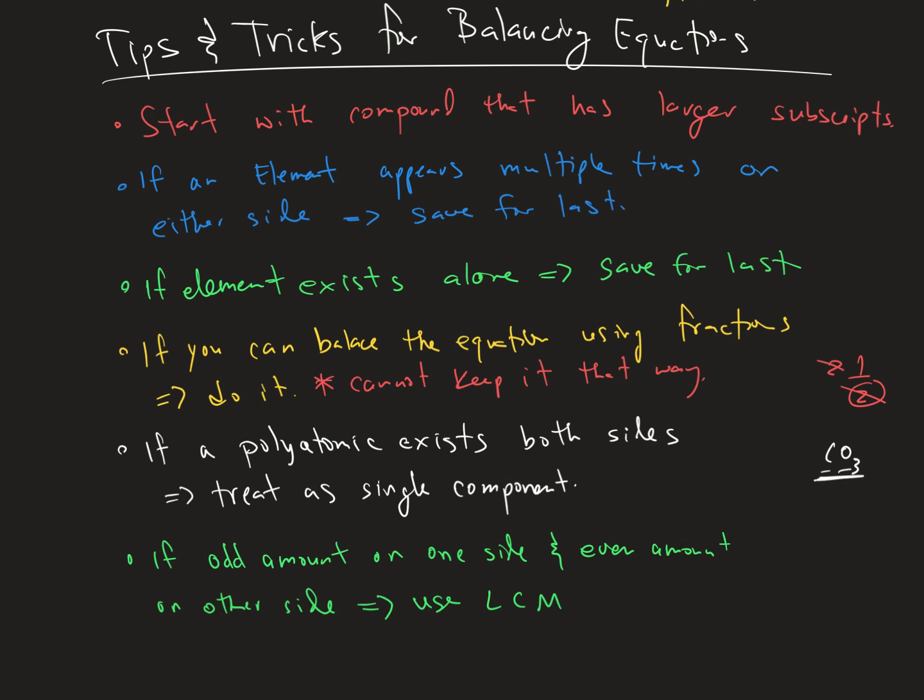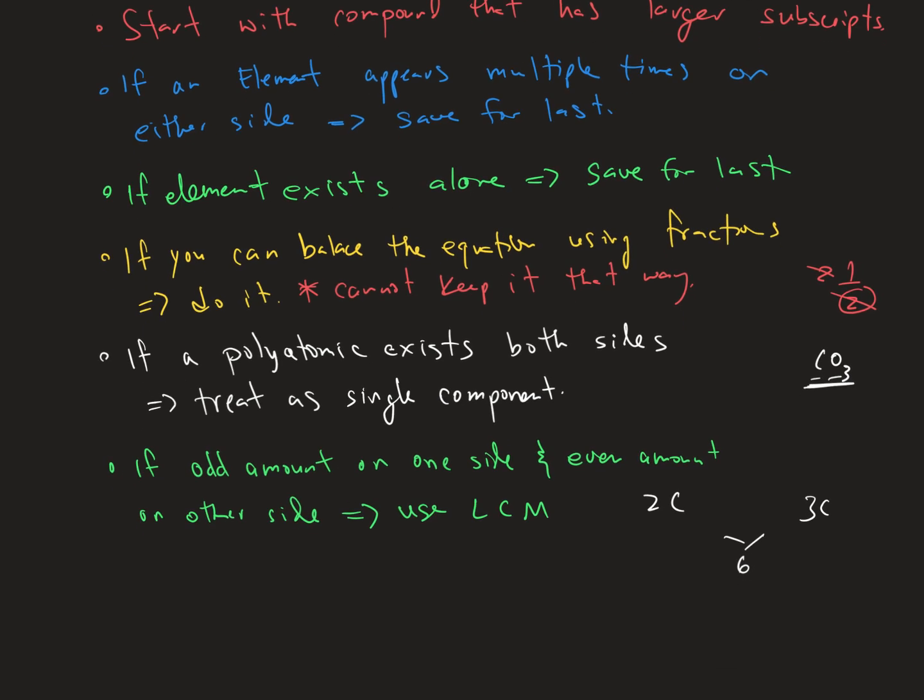So for example, if one side has 2 carbons and the other side has 3 carbons, what's the least common multiple of 2 and 3? 6. Make it so that I have 6 carbons on both sides. Make sense? Can you scroll down? Yeah, sorry. So does that mean on the left side you times it by 3 and the other side you times it by 2? That's right. You put a 3 coefficient and a 2 coefficient. Yep.